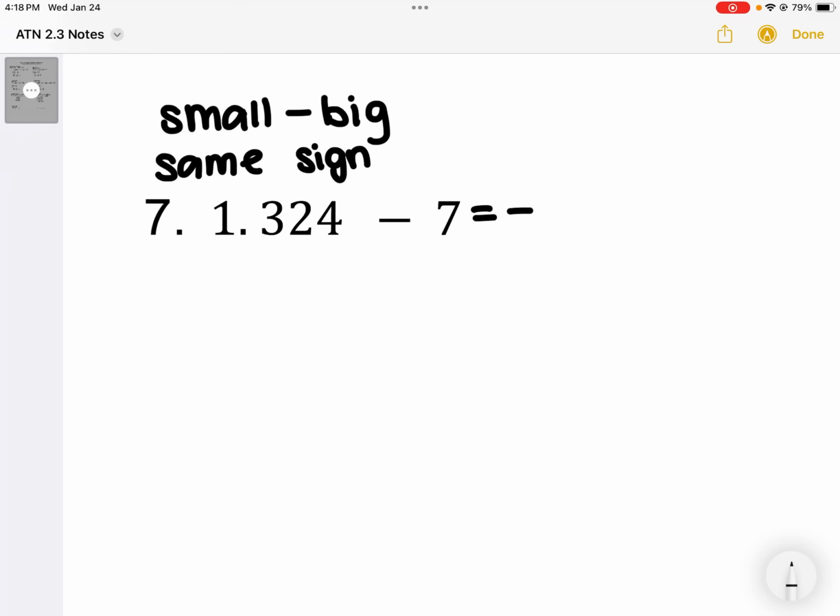Because this is a subtraction problem, I need to put the bigger number on top, which is 7. I will then subtract 1.324. Because I need to have the same amount of numbers in both of my numbers, I need to add a decimal after the 7 and fill in with 3 zeros.